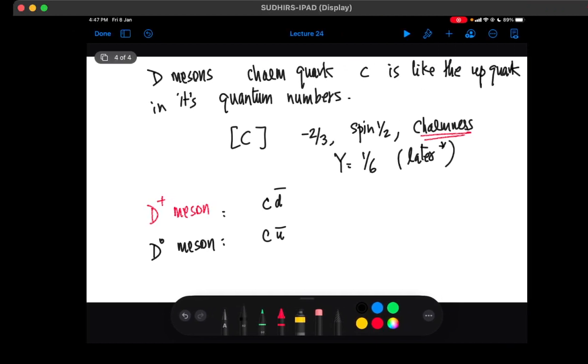The D meson is much heavier, more than a GeV. The J/psi is around 2.5 to 3 GeV, and the mass of the C quark is around 1.2 GeV.